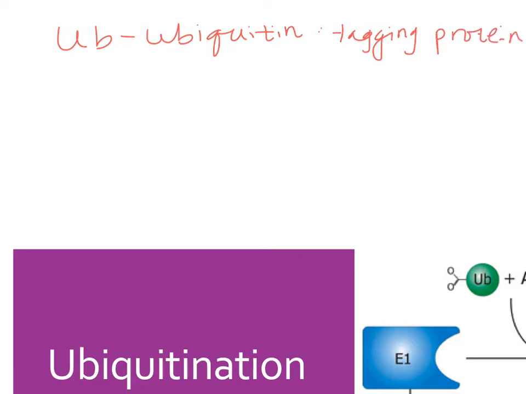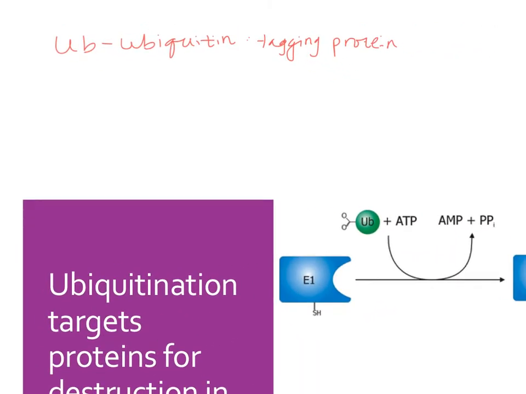When we say a protein has been tagged for degradation, the little flag that says, hey, I need to be degraded, is ubiquitin. Anything that's been tagged we would call polyubiquitinated, which means many ubiquitins have been attached for degradation. It's basically a signal that says, hey, time to be recycled.